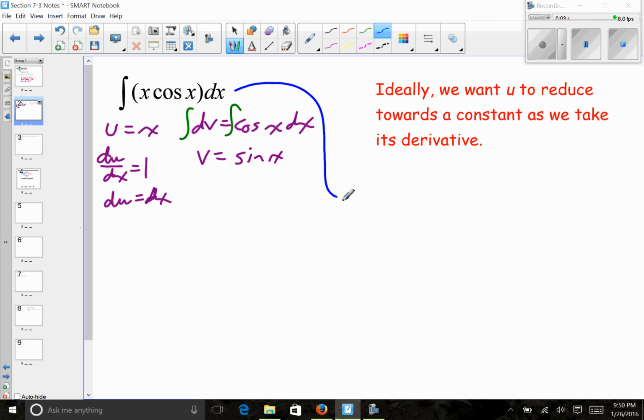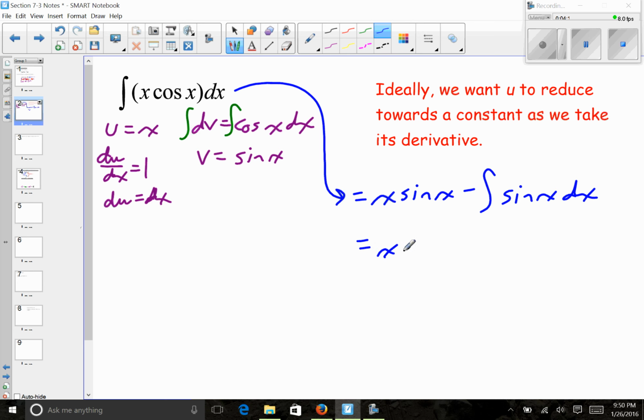So this integral that we started with is now going to equal u times v, so x sine of x, minus the integral of v du, so the integral of sine of x dx. And so we haven't gotten rid of our integral entirely, but we do have an easier integral to work with.